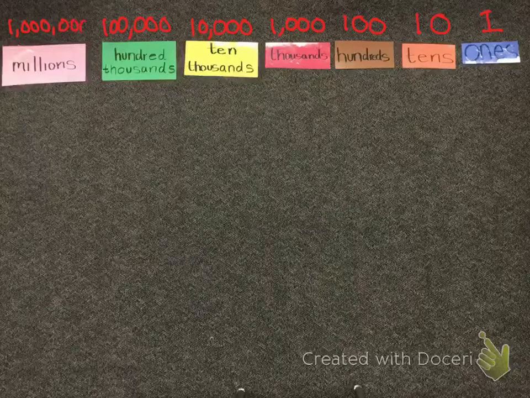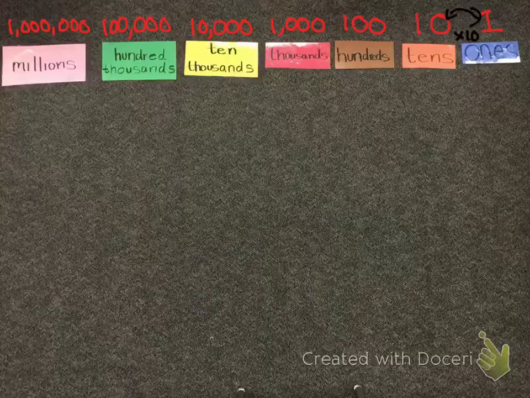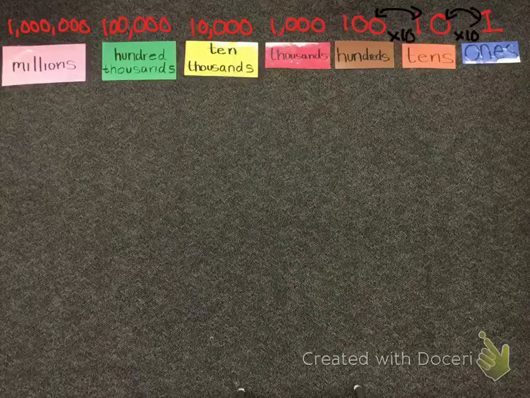Now, what you need to know is that when we look at our place value chart, it is growing 10 times each time. So, from our ones to our tens, it is growing 10 times. From our tens to our hundreds, it's growing 10 times.